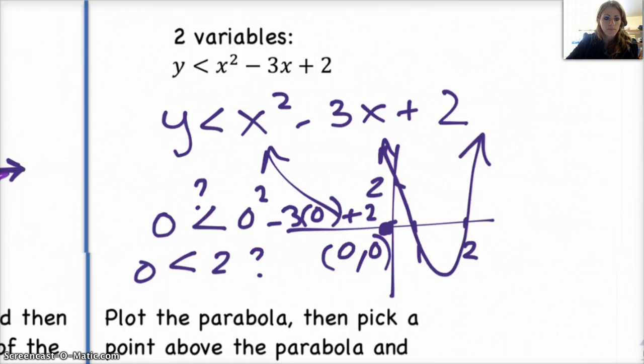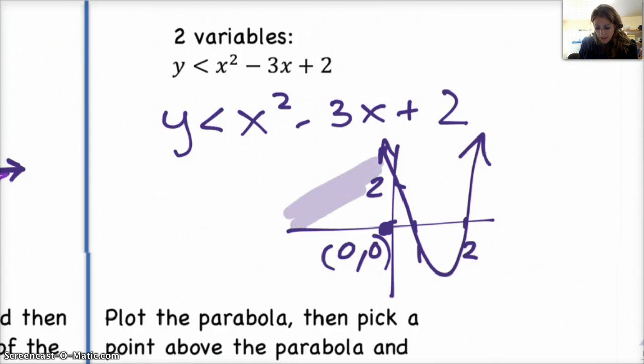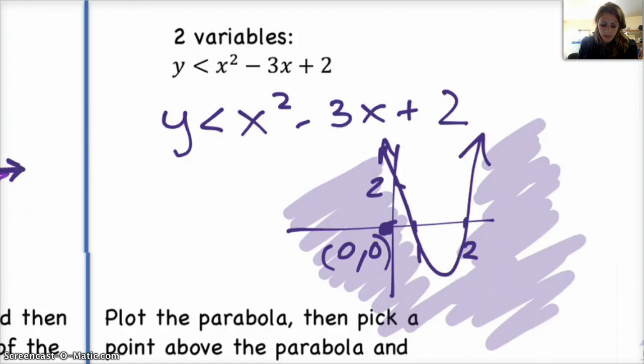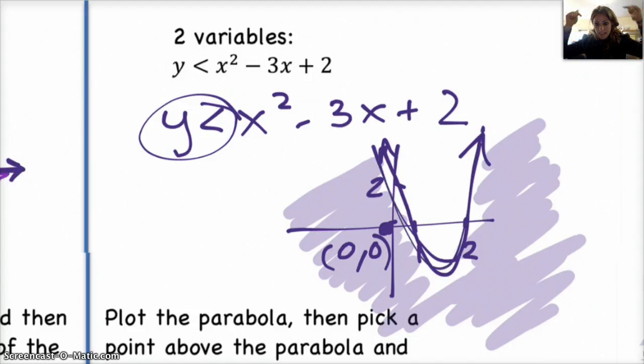And that actually means we're shading wherever that 0, 0 point was, we shade below where that point was, right? And that makes sense because you're saying y is less than the parabola. So here's my parabola, anything less than that or below it, you shade.